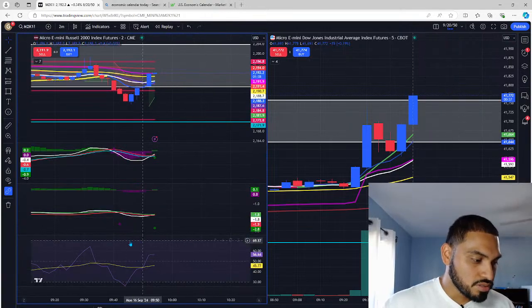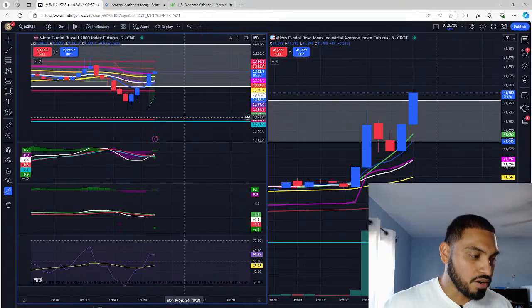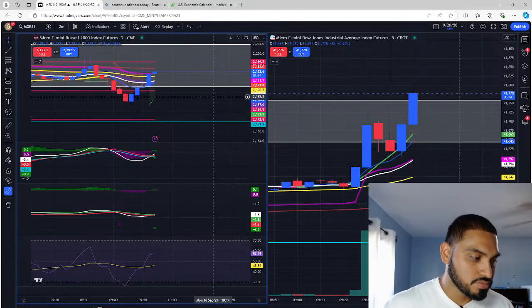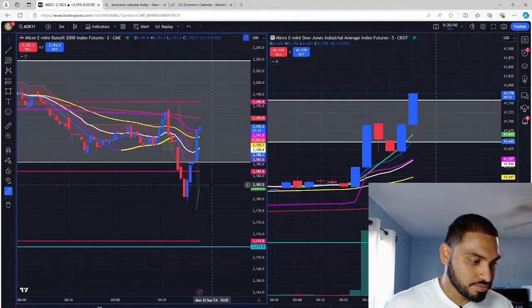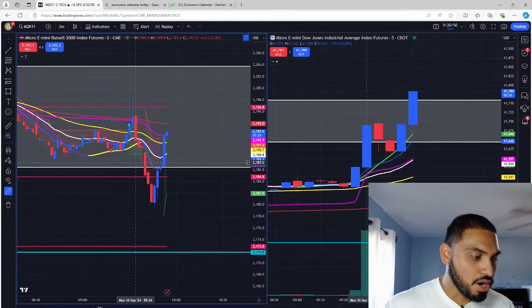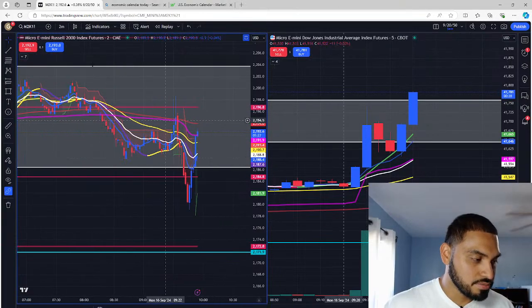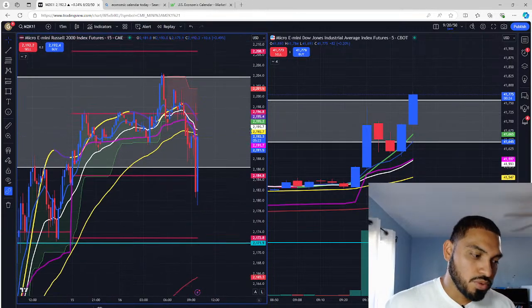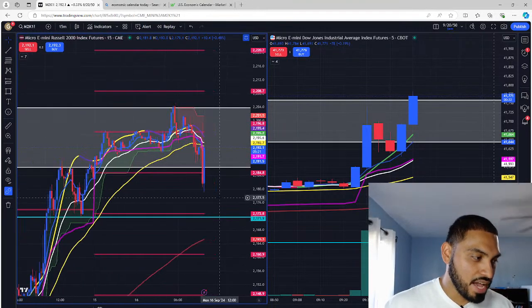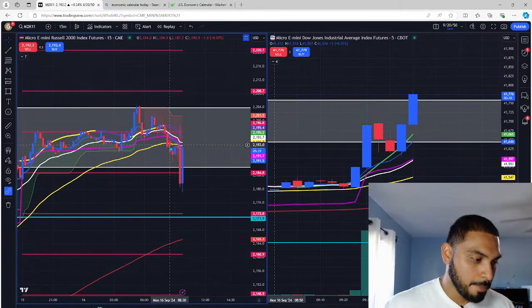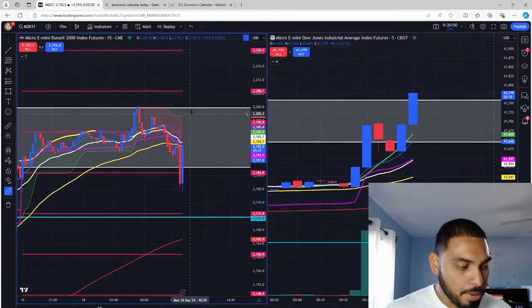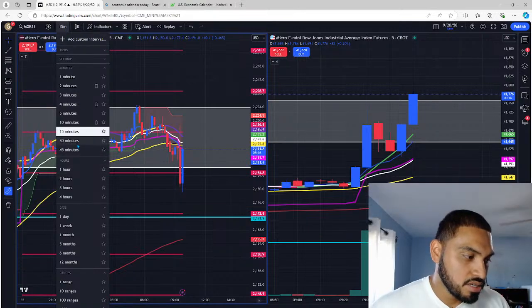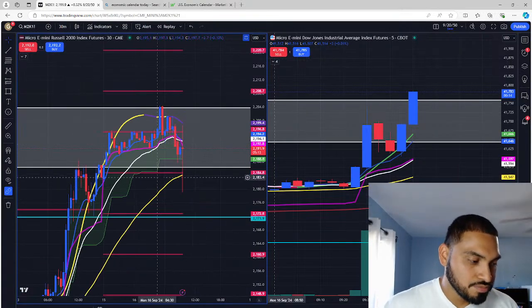So on the 2 minute, we are over the 50 in RSI, so we're bullish. Let's see if we can keep on going and developing that trend. Let's go to the 15 minute. We did break below that 50 MA, but we're rubber banding right back. We go on the 30.